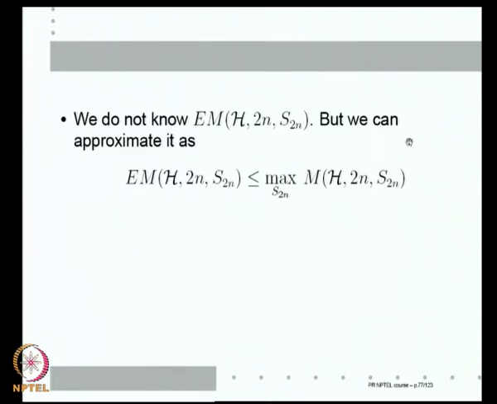Not that difficult means there are ways to conceptualize this calculation. So, if for any given 2n sample I know how to calculate this, or if I can somehow find the maximum possible, right, then I am done. I do not need the distributions, I do not need the expected value. Okay.